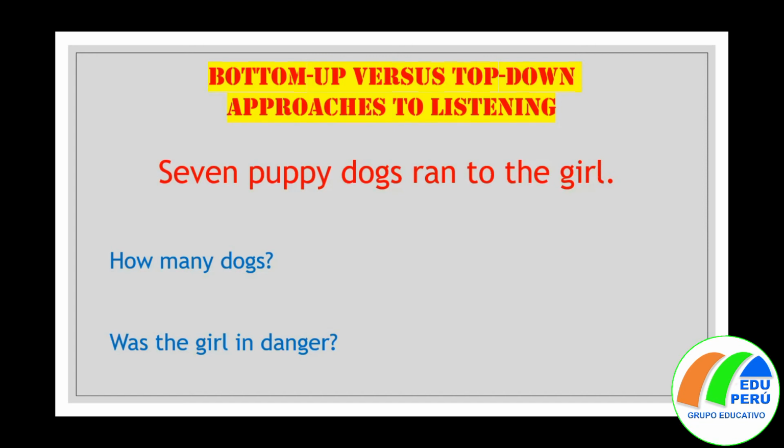Puppy, I think it's just little dogs, so they are cute. So you can say, oh, little dogs, they are nice. Maybe the girl is playing with the dogs. Maybe she's the owner of these dogs. These dogs are the pets. Notice you are inferring, you are deducing.